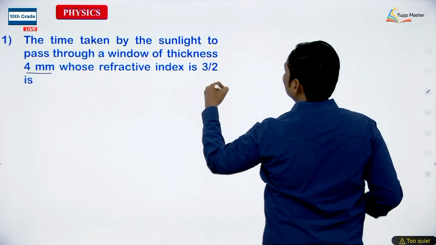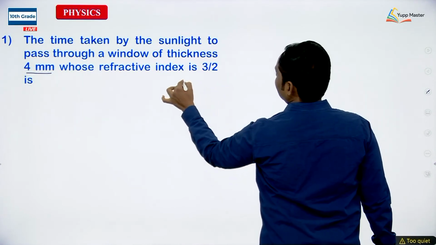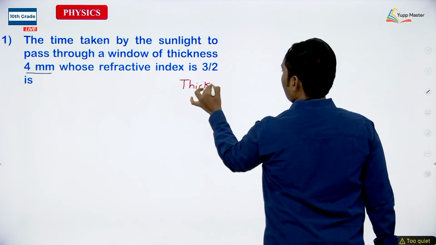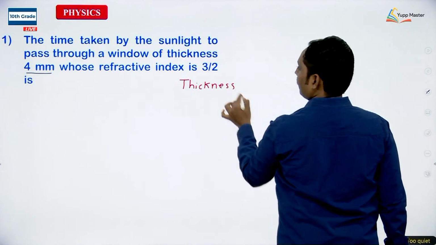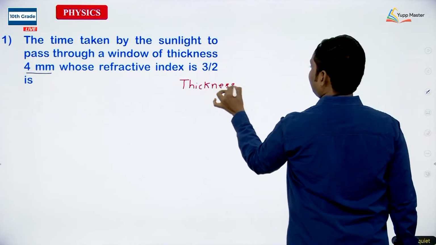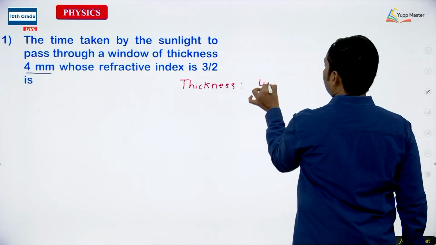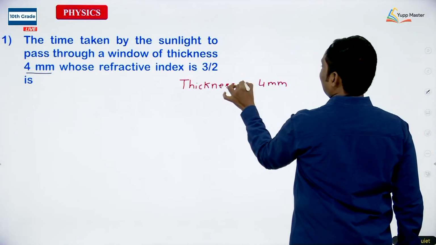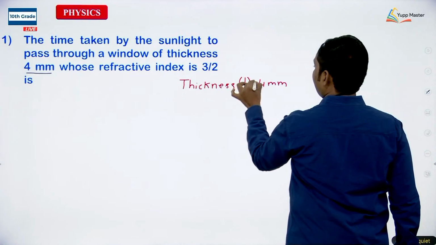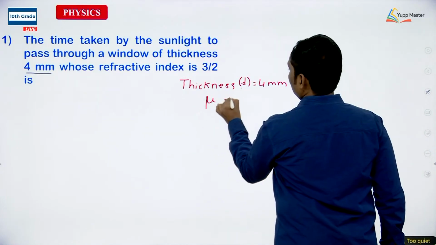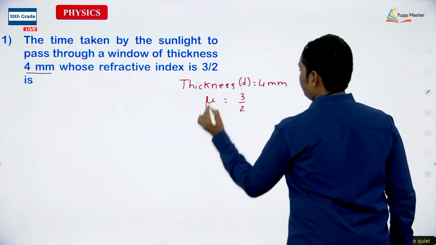Now, take the given data: thickness is nothing but the distance travelled, that is 4 mm, we take it as d. Refractive index mu is equal to 3/2, it is very clear.